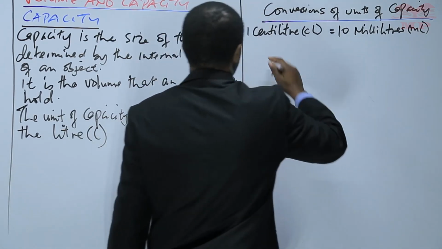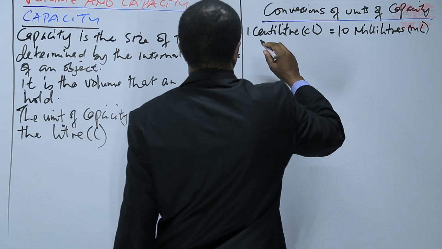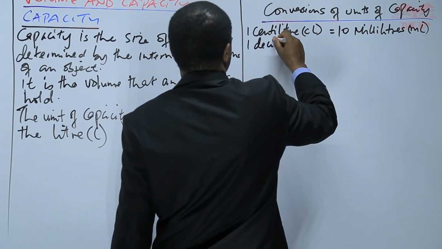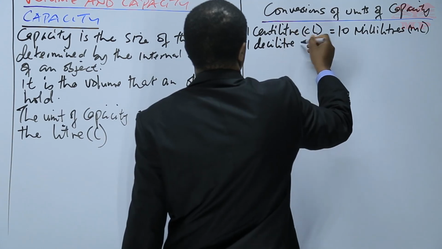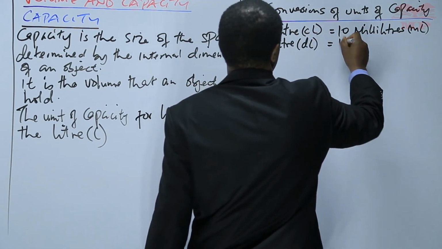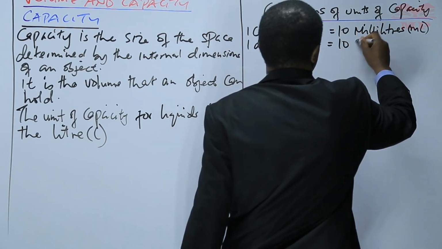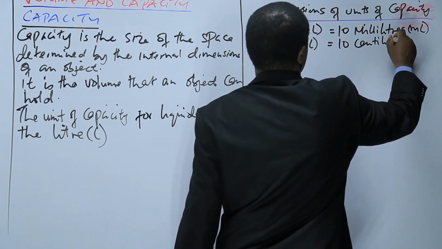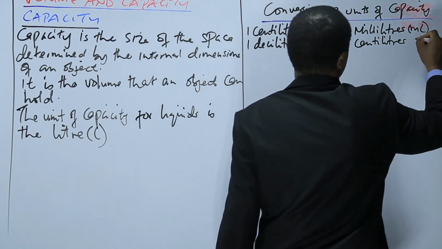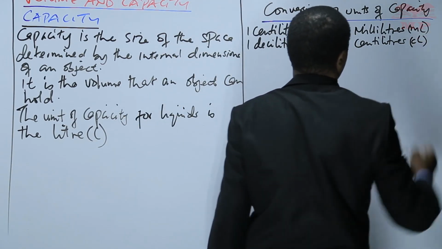Another conversion is deciliters. 1 deciliter, abbreviated as dl, is equal to 10 centiliters, cl.